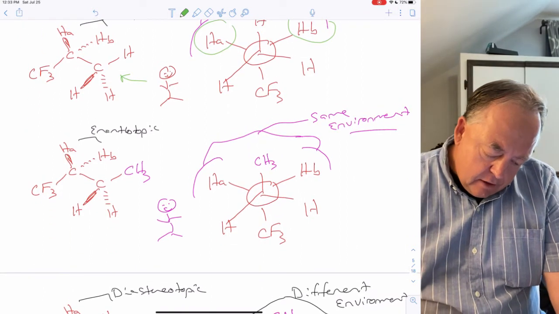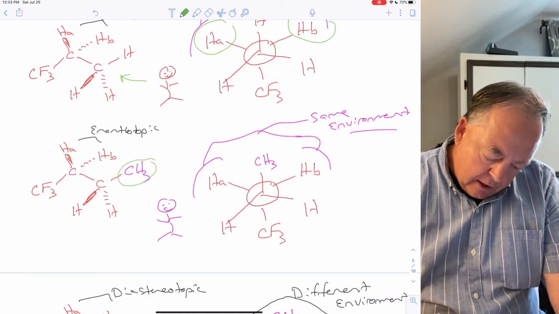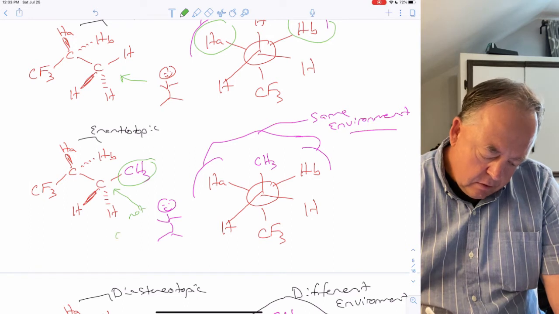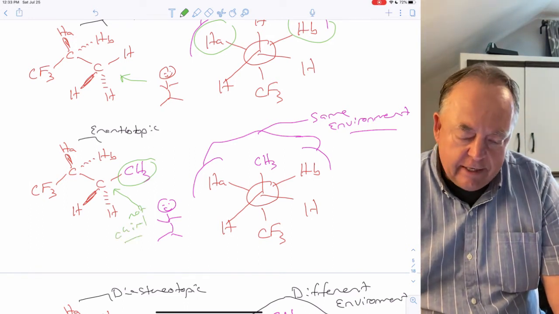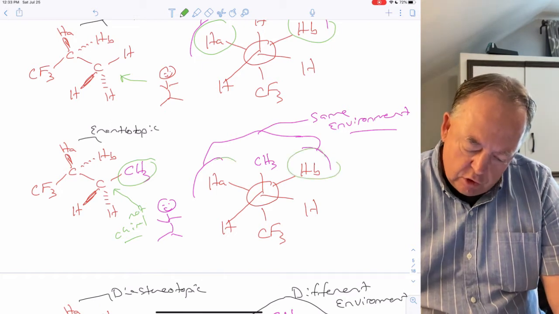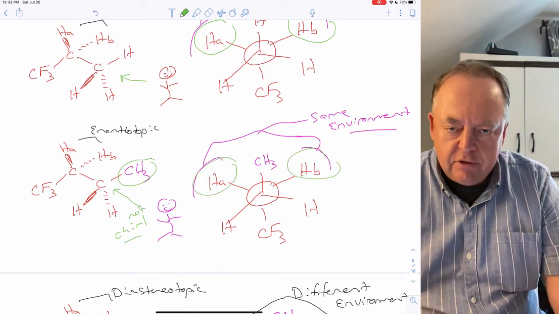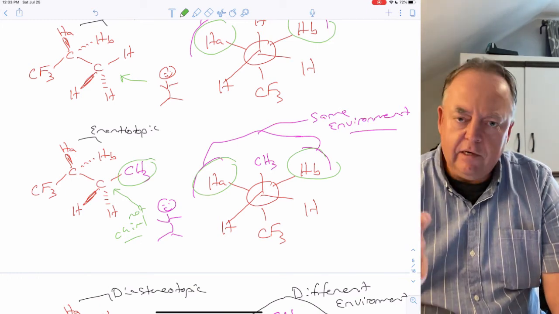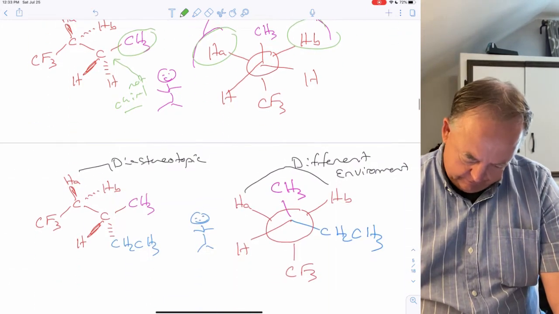And it doesn't matter if there's something else here, like a CH3. This is still not a chiral carbon. So HA and HB are still enantiotopic, and if we drew a Newman projection, HA and HB are still in the same environment. So they're not going to split each other, because equivalent hydrogens don't split each other.